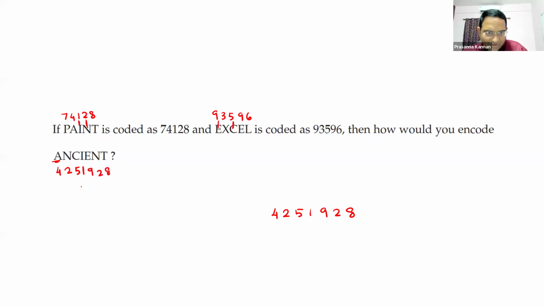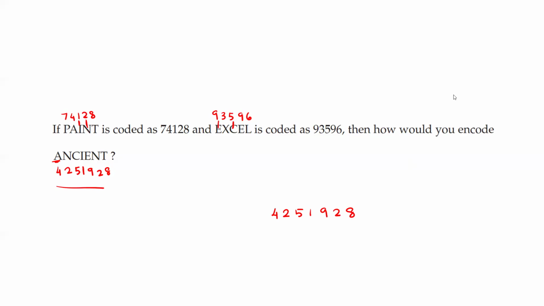For T, it is 8. So it is 4, 2, 5, 1, 9, 2, 8. Perfect, Janya. Did you get it, students? So it is not going by your alphabetical order, right? So it's a different coding, right? So already for a particular word, I have given a code. So based on that, you should answer the question. Is it clear? Yes, sir.